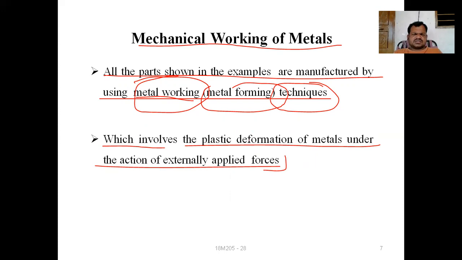What we are seeing in the previous diagrams, GI buckets, galvanized buckets, copper buckets, all these parts are manufactured by metalworking or metal forming techniques only, which involves the plastic deformation of metals under the action of externally applied force.